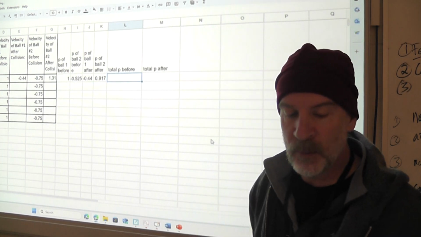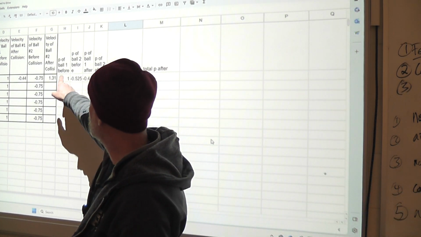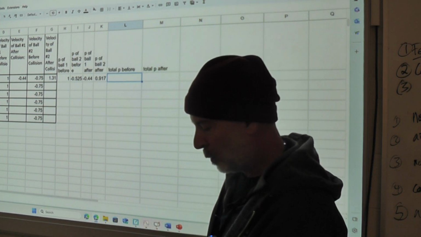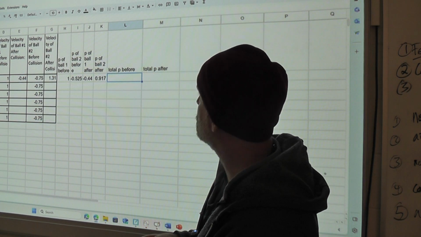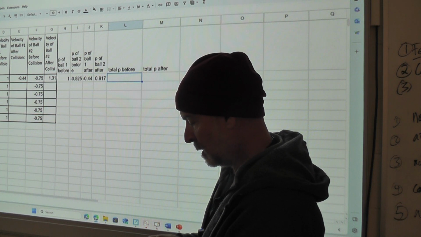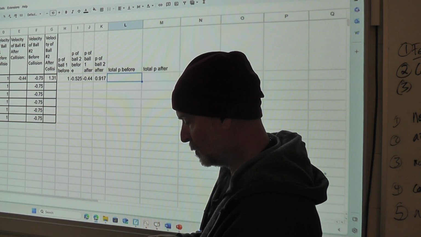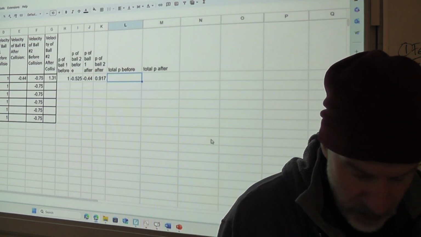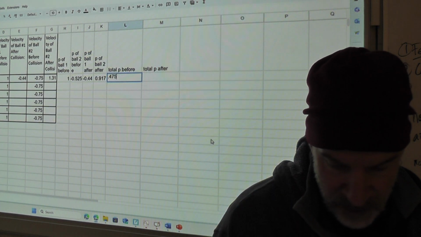So the total momentum before is going to be the momentum of ball 1 plus the momentum of ball 2. So that's 1 plus negative 0.525. So that's 0.475.